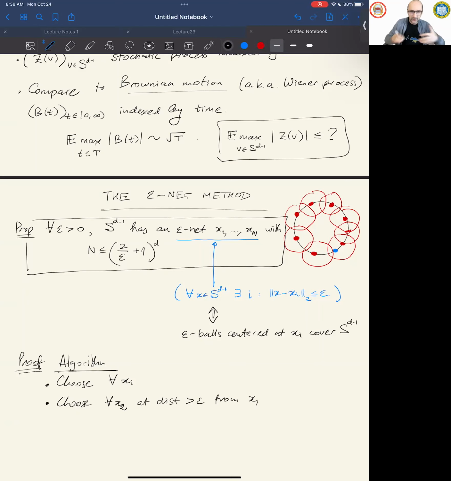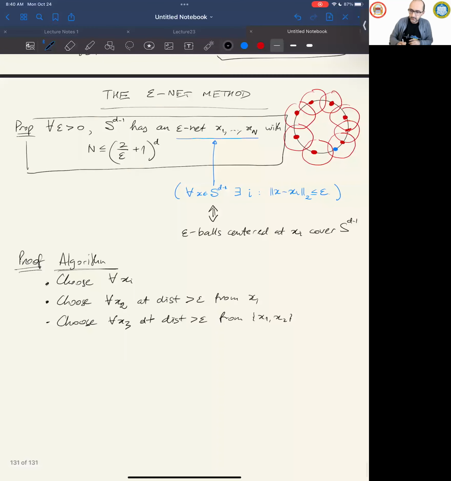We want it to cover as much area as possible, right? We don't want the same thing. So at least epsilon. Then choose any point x3 at distance at least epsilon from both of the previously constructed points.